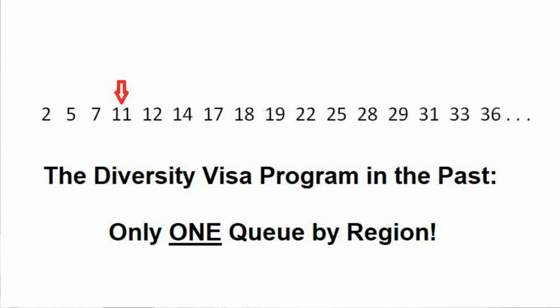And you can expect to receive your interview notification at this time of the year. And your interview is expected to be conducted at this time of the year. All of that happened in the context of a single regional queue, and all those predictions were made possible by means of case number analysis.